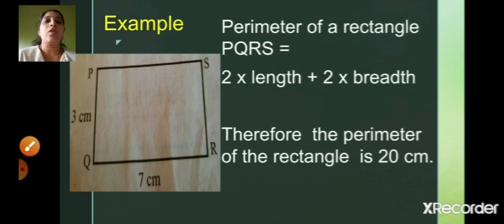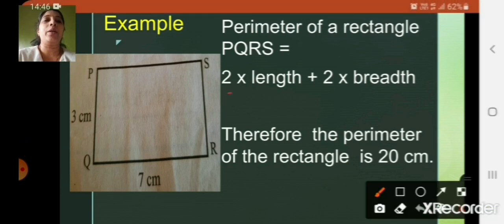Now perimeter of a rectangle PQRS is equal to, what is our formula? 2 into length plus 2 into breadth, right? So now we will calculate. We will write 2 into, what is the length? Length is 7 centimeter, plus 2 into breadth.